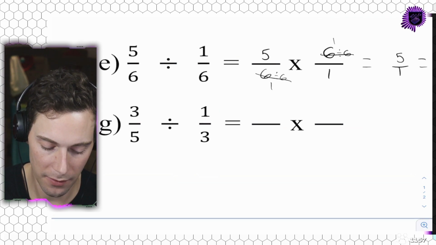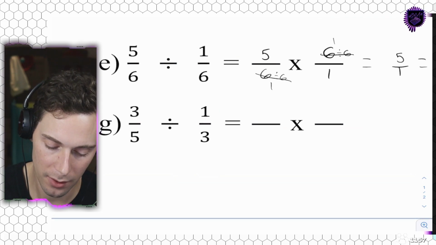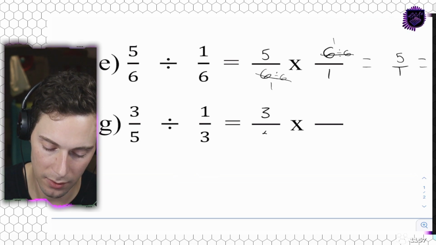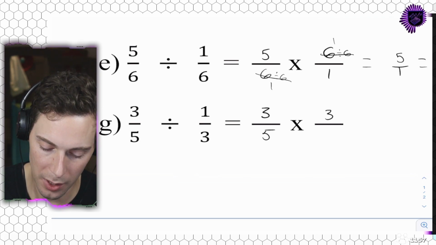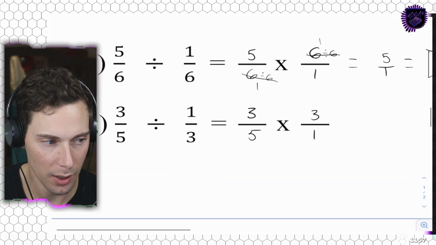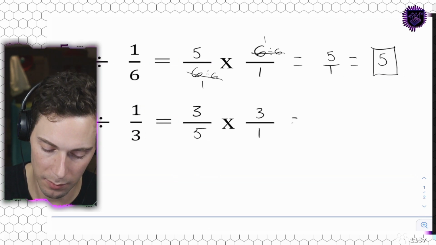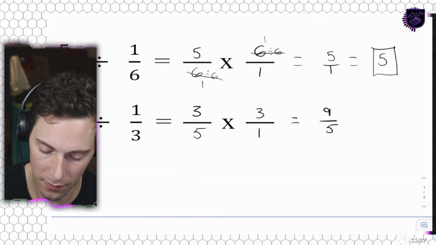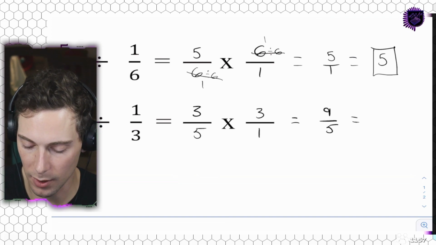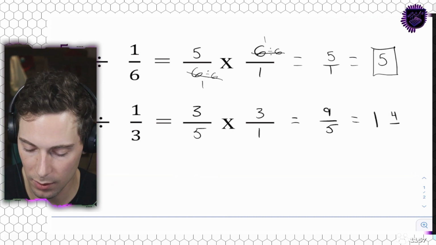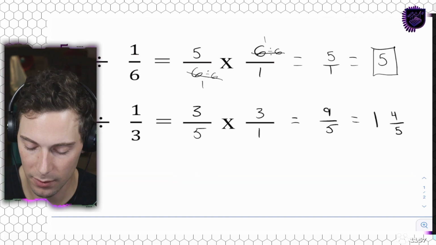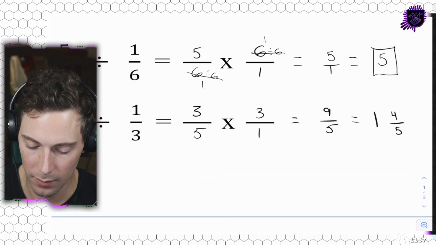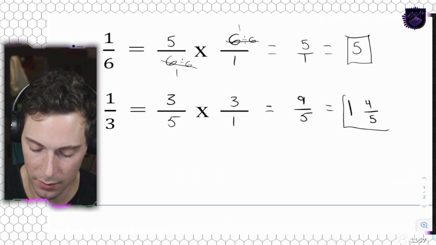All right. 3/5 divided by 1/3 is going to be equivalent to 3/5 multiplied by 3 over 1, which is going to simply equal 9/5, which will be a mixed number of 1 group and 4/5. 1 and 4/5.